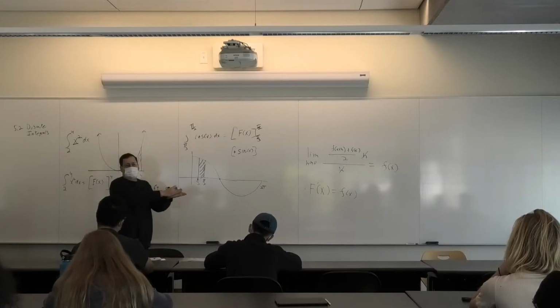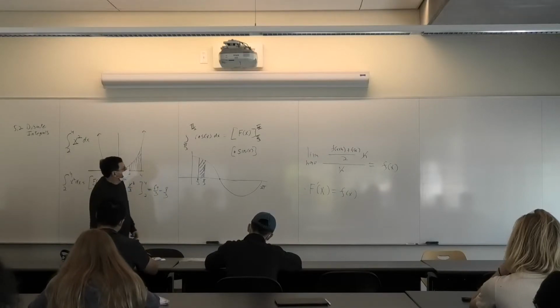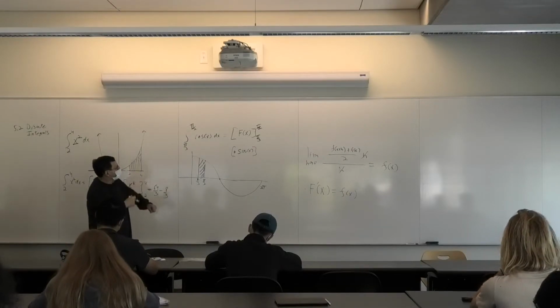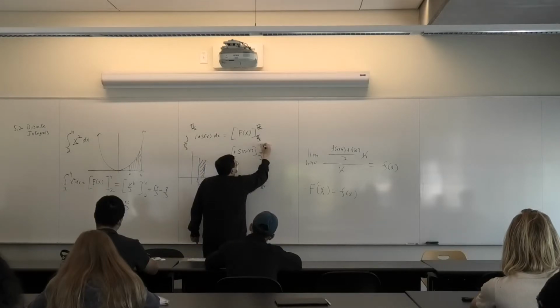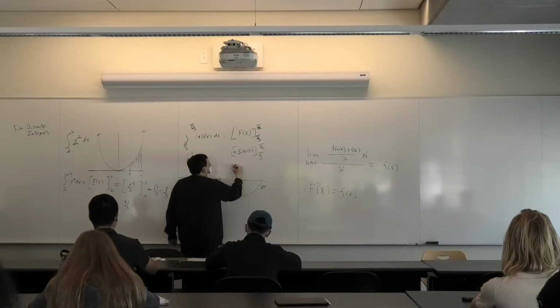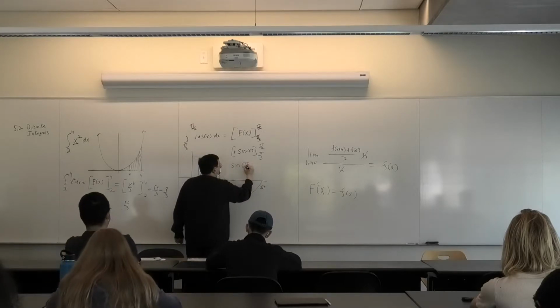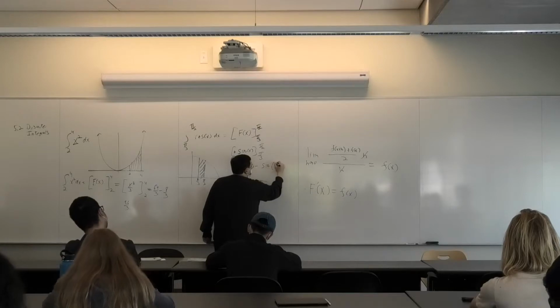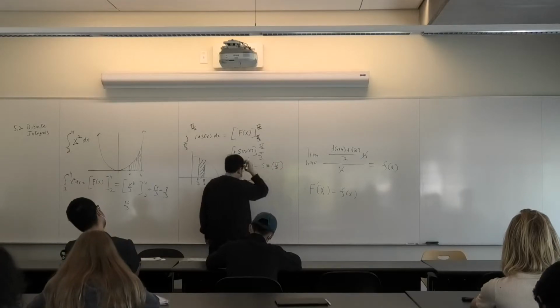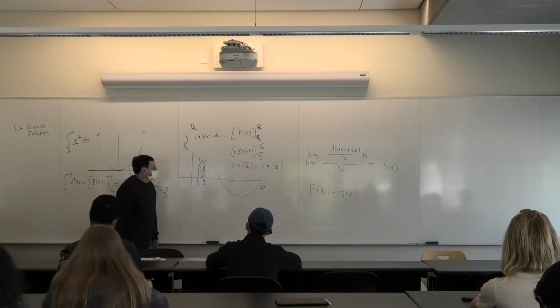Sine is cosine, cosine is negative sine, doing differentiation. But going the other way, you have to be more careful. Okay, so we just have sine of pi over 2 minus sine of pi over 3.